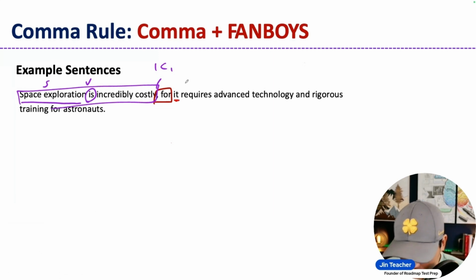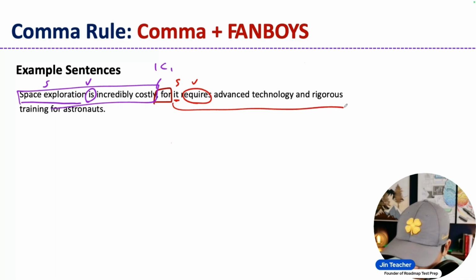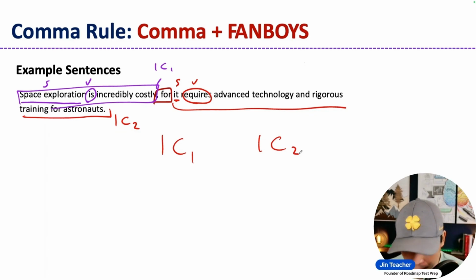It is my subject, a new subject. Requires is a new verb. It requires advanced technology and rigorous training for astronauts is my complete thought. So here I have two independent clauses, IC1 and IC2.